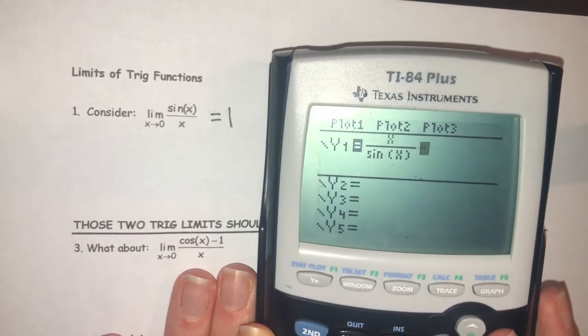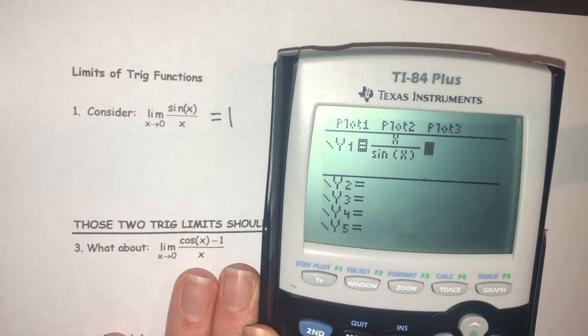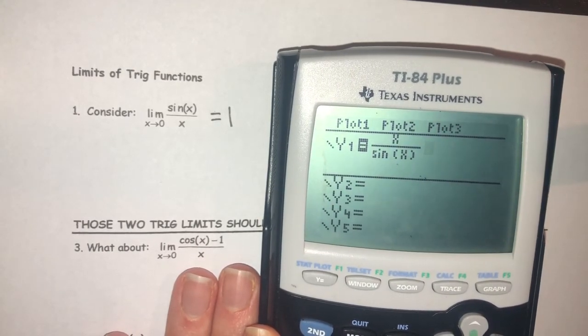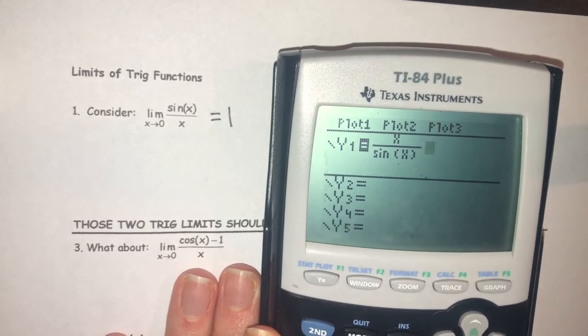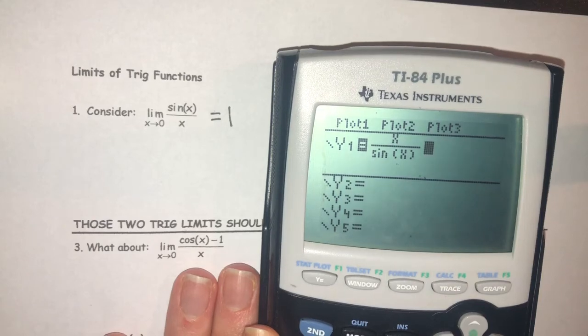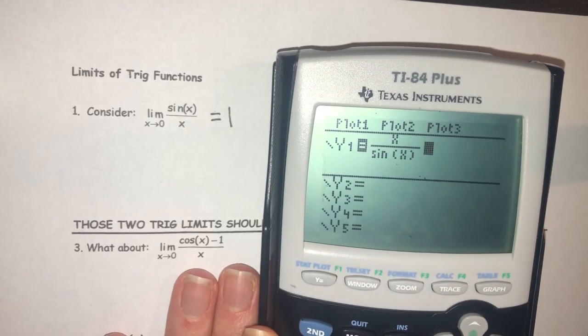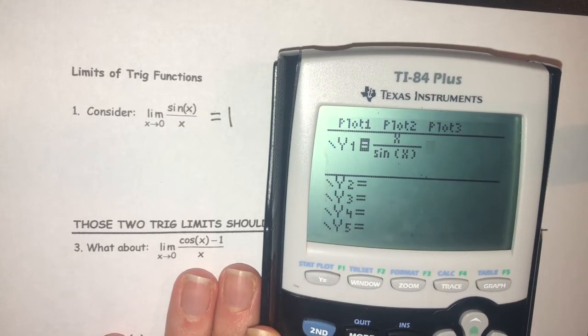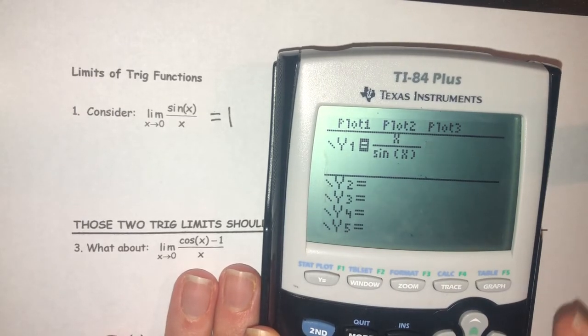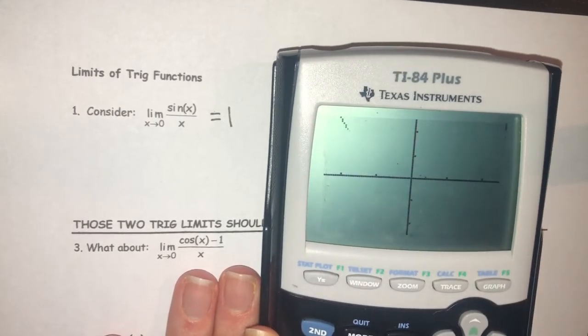So it's like the reciprocal of this function. Anybody want to make a guess what that limit would be? If you were with me, I'd say, tell me what you think. And I bet somebody would get it, but we're not together, so I'm just going to know that you all got it because you're all just my amazing students. And I'm going to hit graph so we can see what happens.